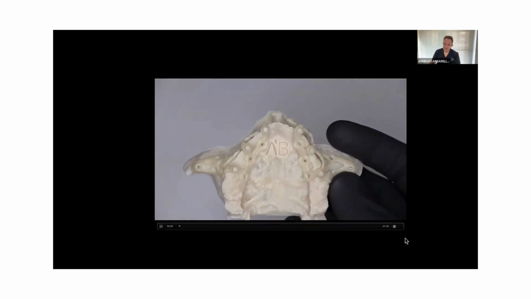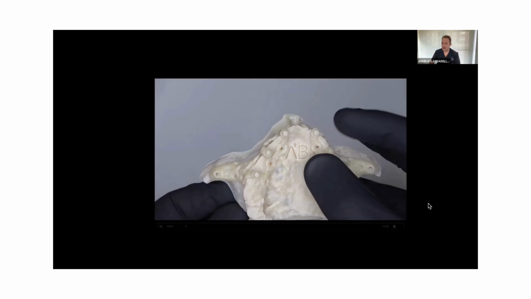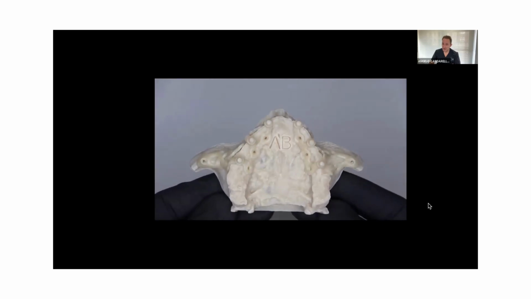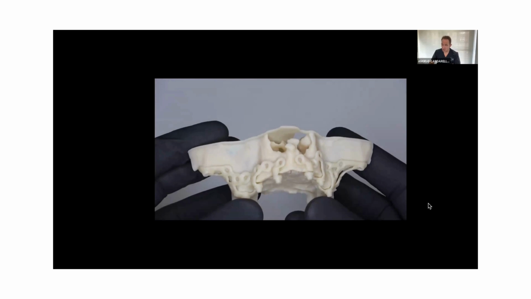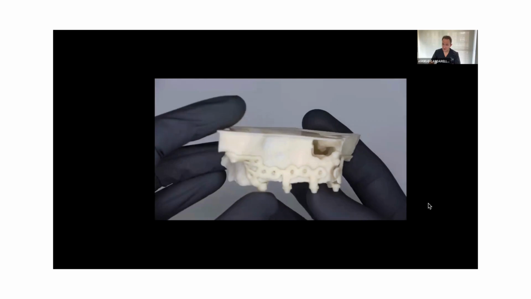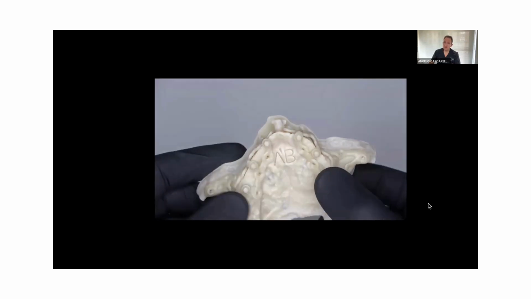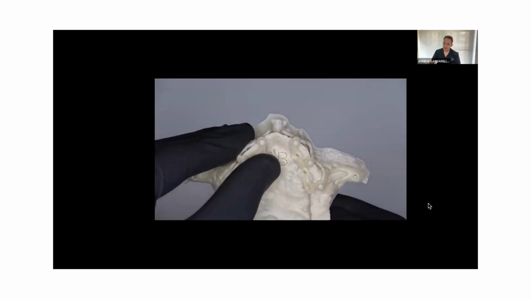This is the model. This is exactly the same. So from the CBCT, we can receive this 3D printing model from AB Dental. In that case, we have 2 customized implants and we have 2 plastic guides. Okay?